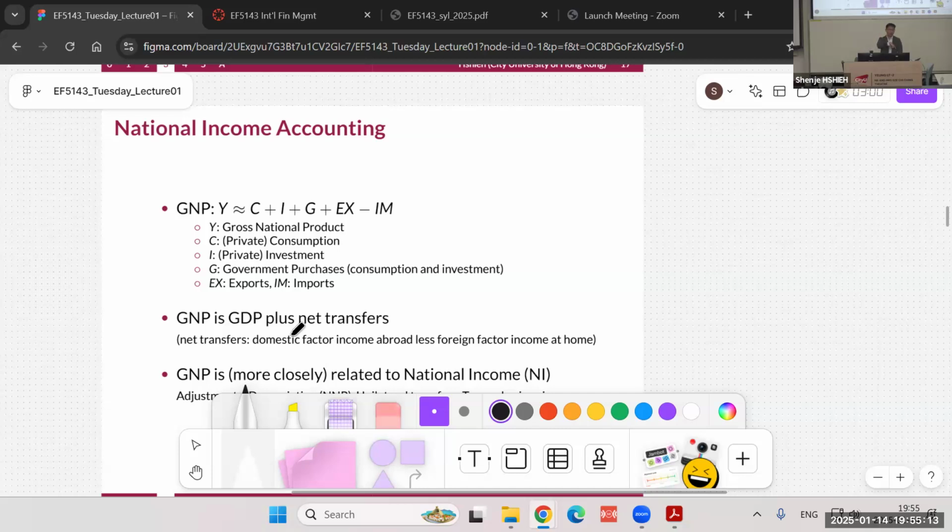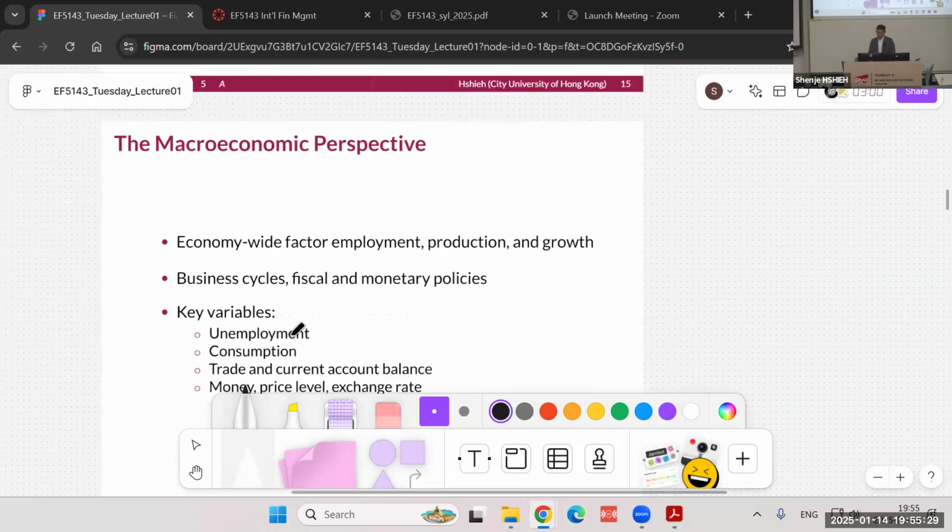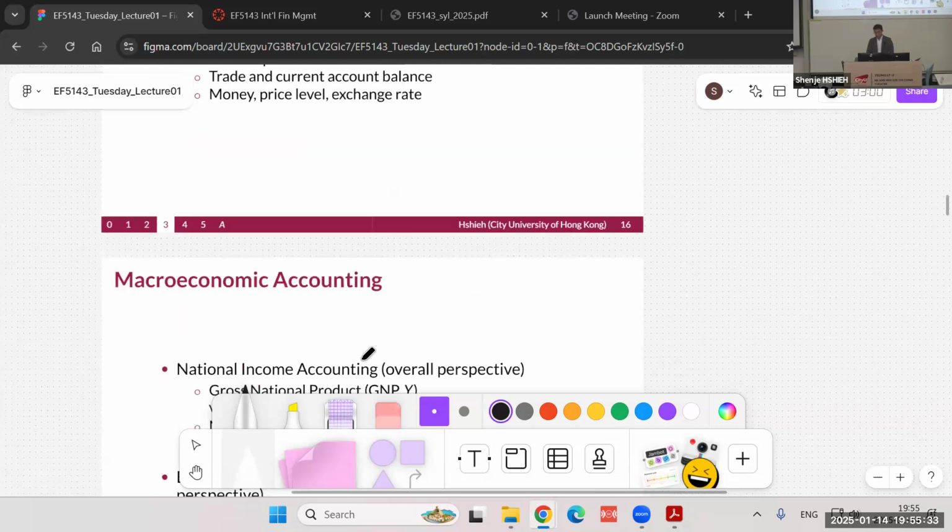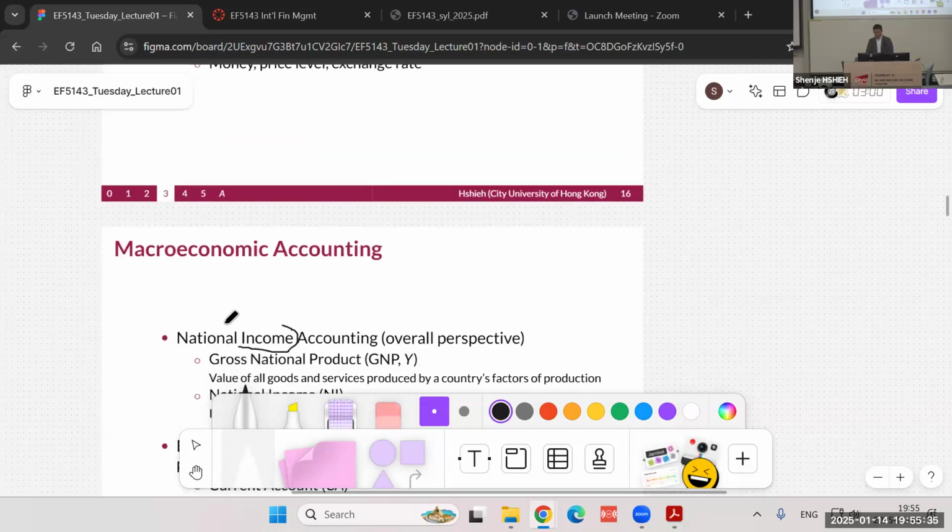Because they're sending money out of the country. We want to know the people who are making money and living in the US, borrowing, lending, and so forth. That's why we want to refine the definition here for this class. All right, so why are we doing this? The reason is because we want to focus on national income.